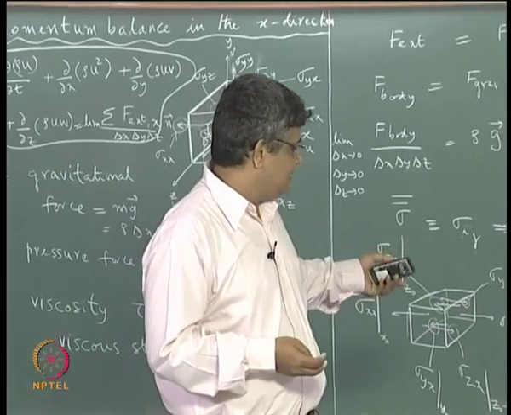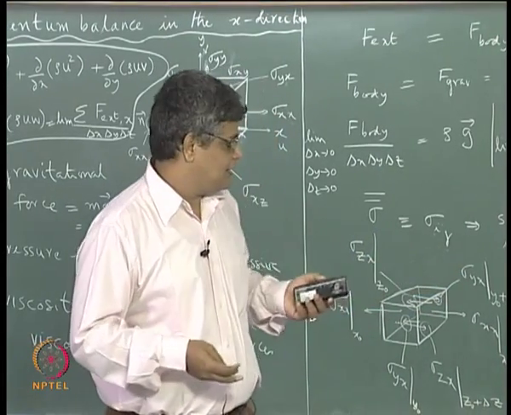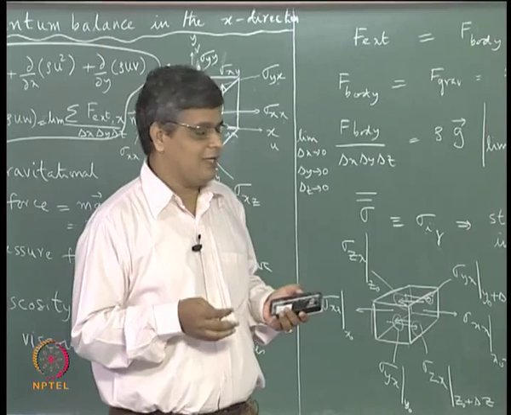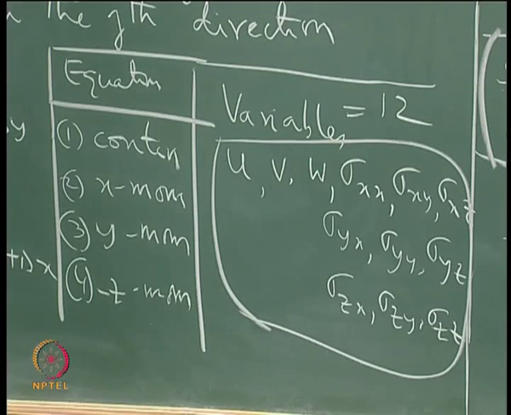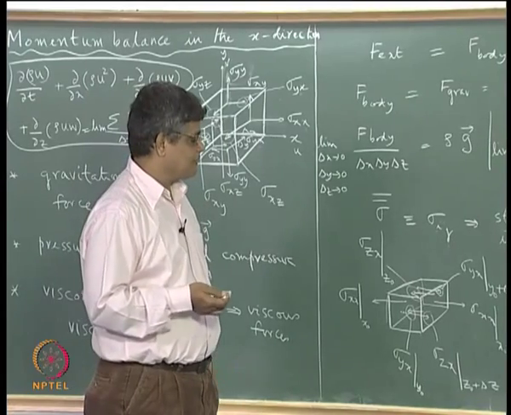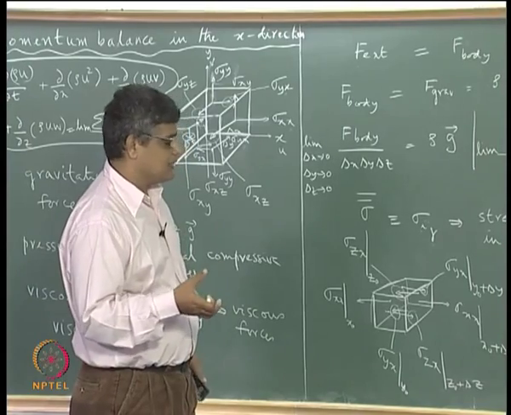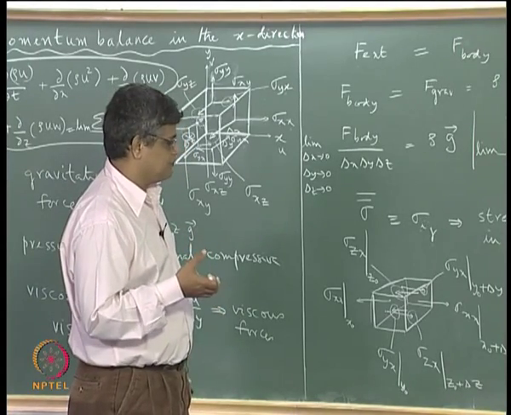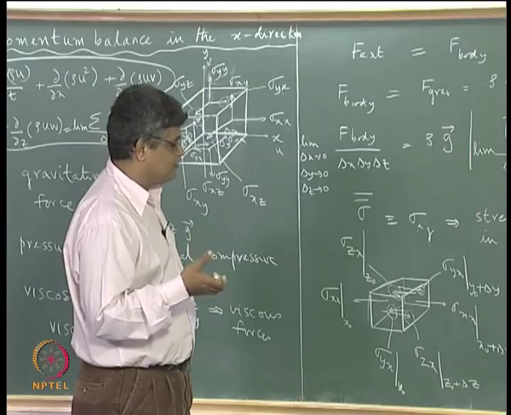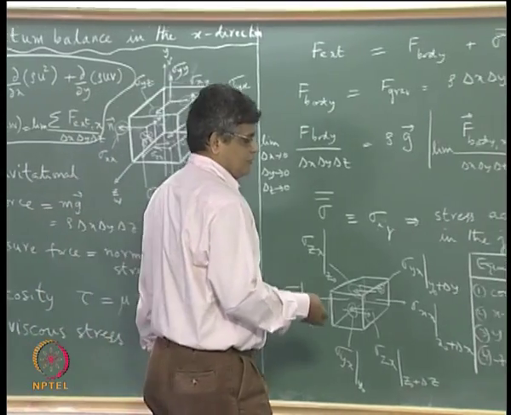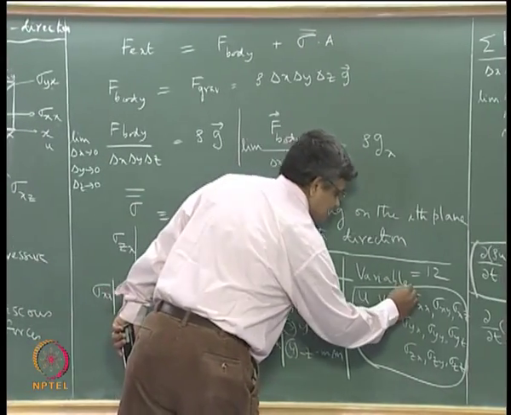Okay, so this kind of imbalance cannot be resolved just by adding more fundamental equations, and we have to bring in empiricism. We have to bring in some kind of expectation of the fluid behavior to describe what these stresses are.